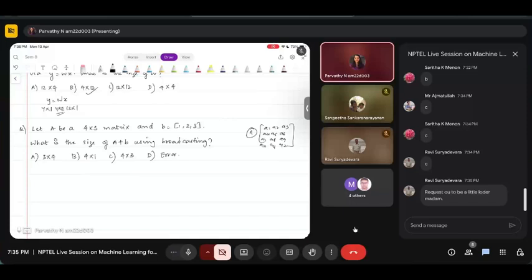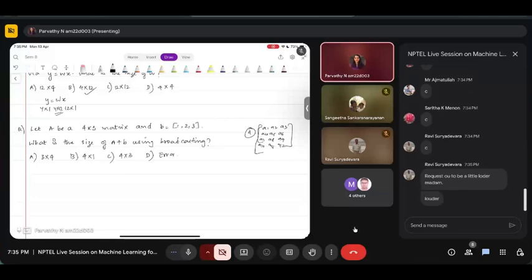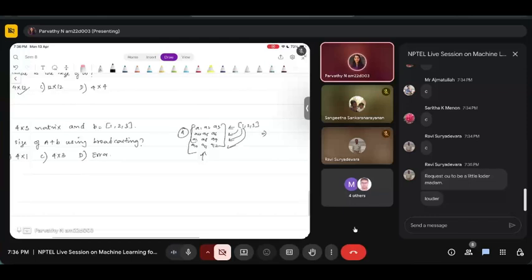So this is the 4 by 3 matrix. Now to each of the rows, you will add B, that is 1, 2, 3. You will add to this one, and this one. So the size will be the same, which is 4 by 3.